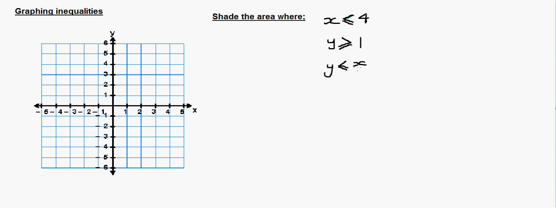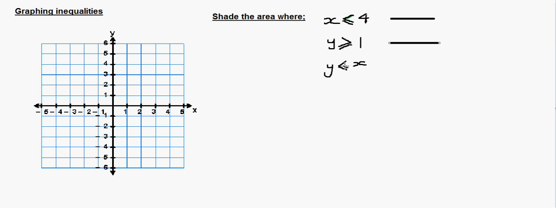Now the first thing I do is decide whether they're straight or dotted lines. This is "and equal to", so this is going to be a straight line. Where y is greater than or equal to, again this is going to be a straight line.